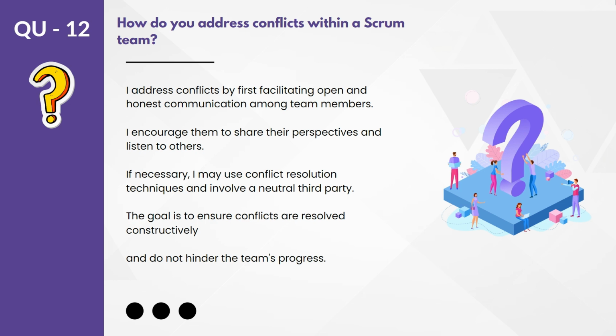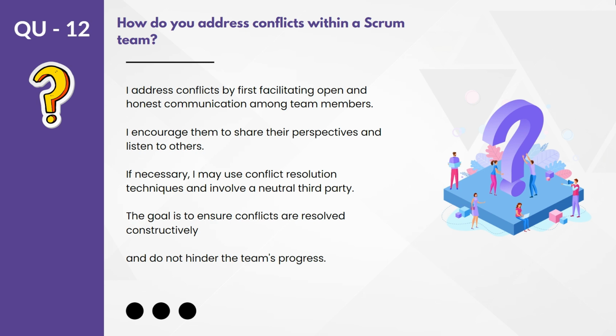So I address conflict by first facilitating open and honest communication among team members. Depending on the type of conflict, we have to make it open first, because we are working in the agile methodology, Scrum Framework, maintaining transparency. So it has to be open with everyone. There's nothing to hide here. And then I encourage the team to share their perspective and listen to others.